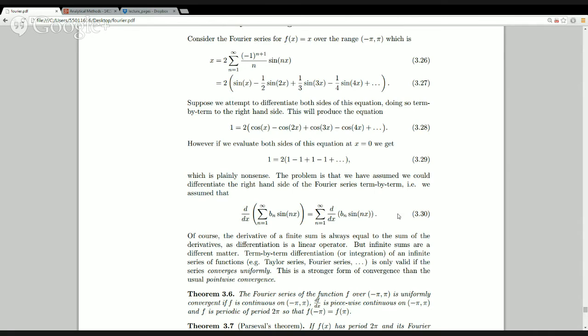So it's in this limiting process that you can have different types of convergence. The first one we're going to talk about is pointwise convergence, and the second one is uniform convergence.